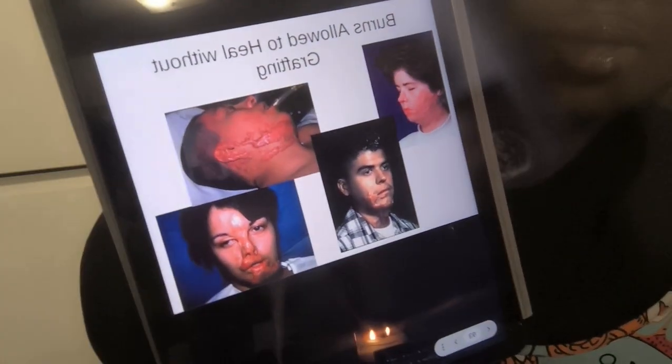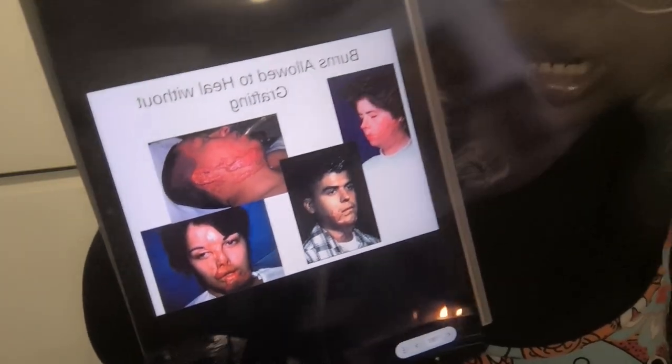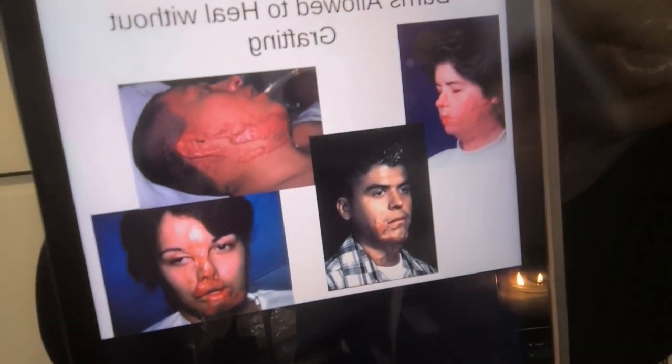I wanted to say there are some situations where they allow the burn to heal without a skin graft, and these are examples of pictures of that. It always depends on the situation.